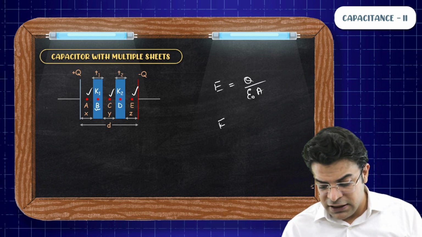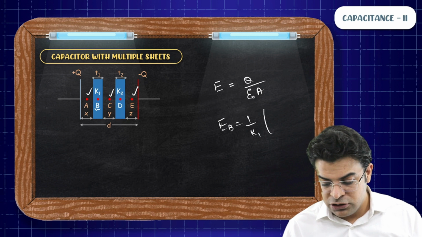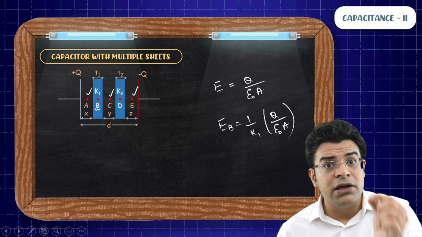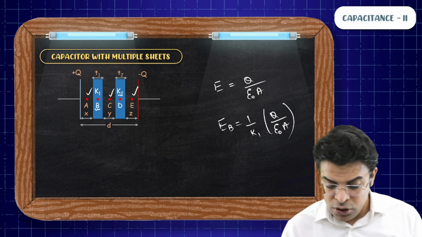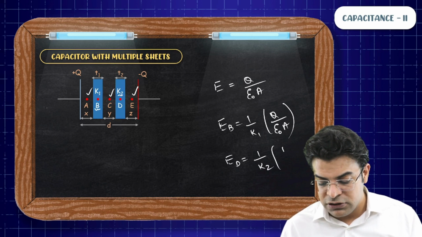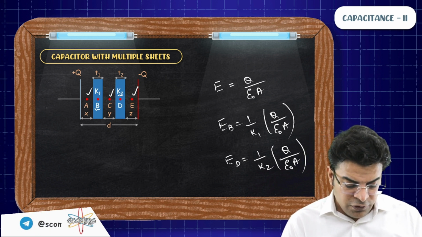So the electric field at point B will be 1 by K1 times Q upon epsilon naught A. The electric field at a point D inside the second dielectric, which has dielectric constant K2, will be 1 by K2 times the applied electric field, which is Q upon epsilon naught A.